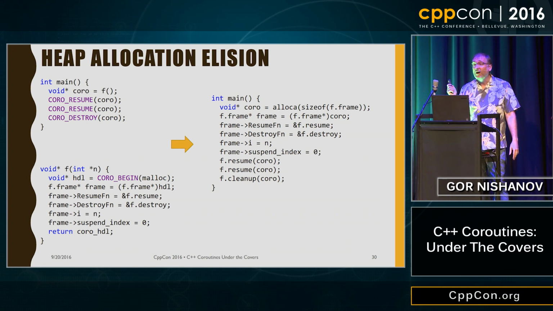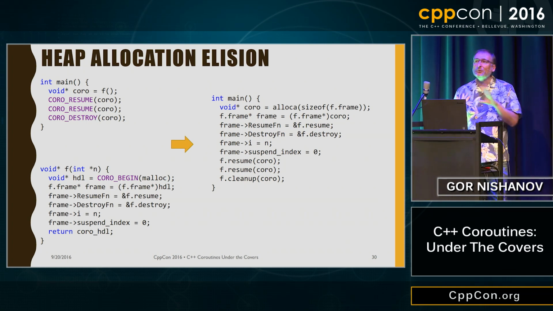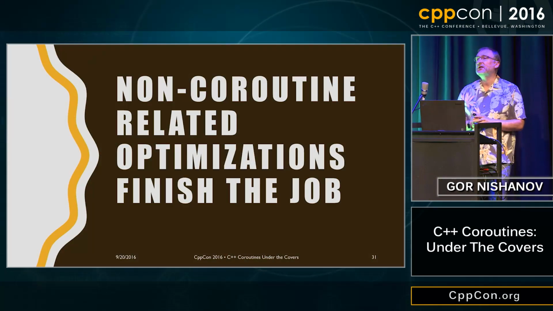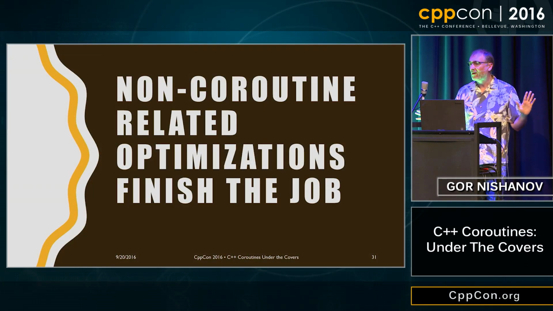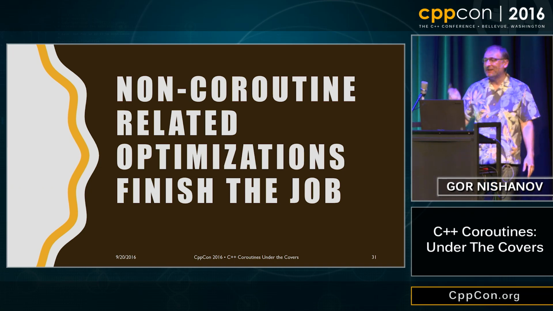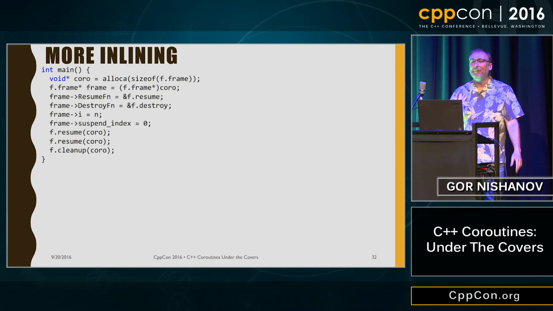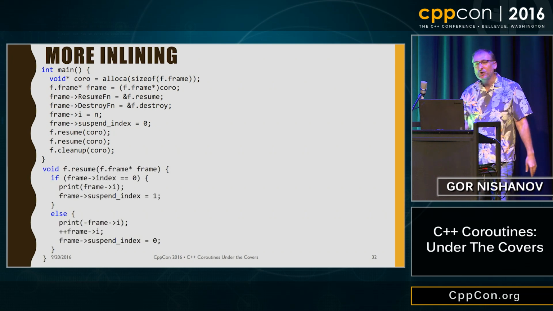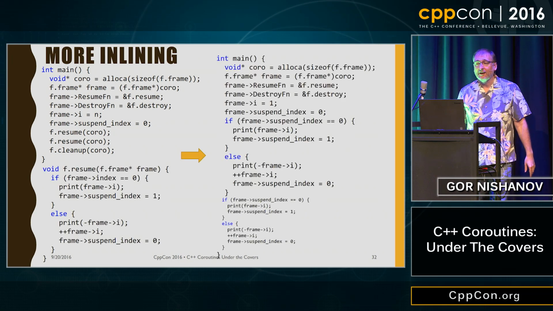So now the coroutines are done. What we have is a plain function, and the rest of the optimizations will take care to make the coroutine disappear completely. So first of all, we'll have more inlining. Since we replaced indirect calls with direct calls, and we know what resume is, the compiler will inline them.